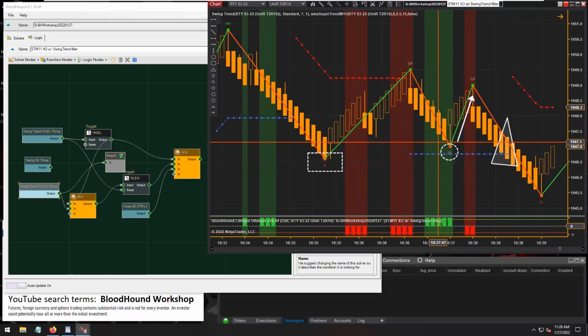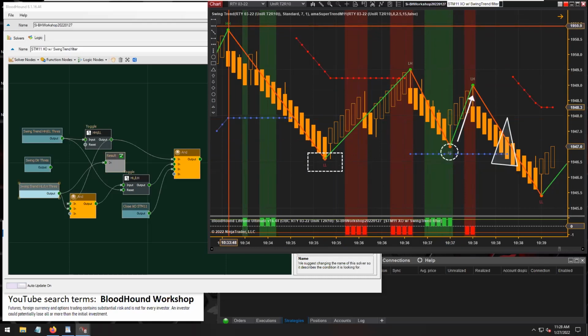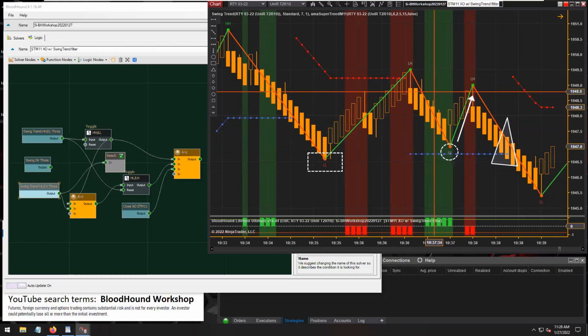This higher low is possibly a part of a long trend. When we get a higher high combined with a higher low, then we've identified a long market direction. So we can see we get a long output when this higher low is developing.